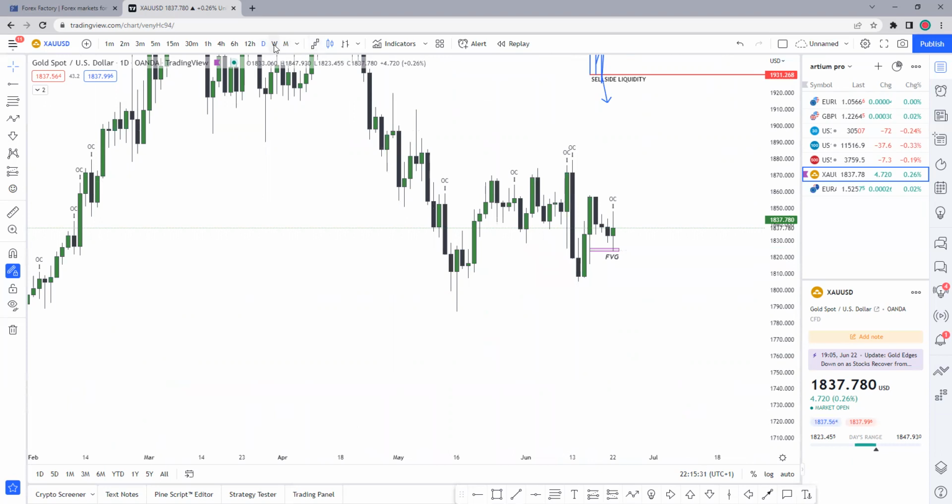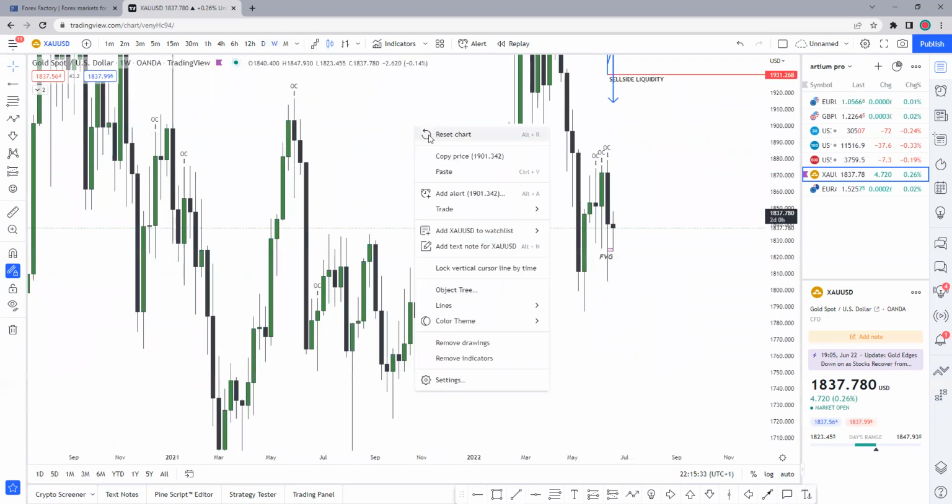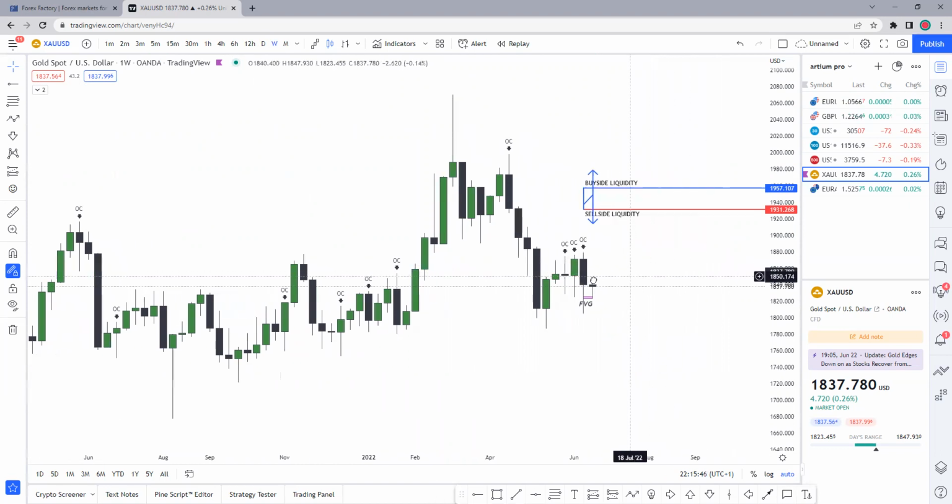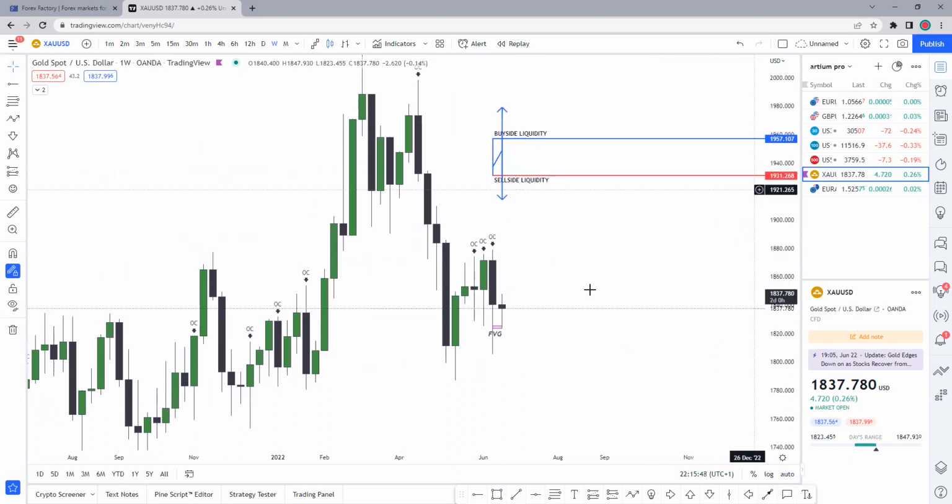Okay, I'll show you this on the weekly as well on gold. We've got 3 consecutive candles that have swept one another. So this to me is showing a strong signal that we're about to make a major move.